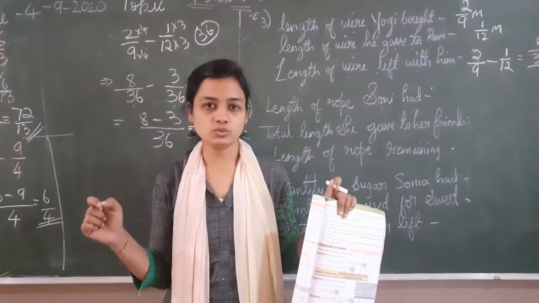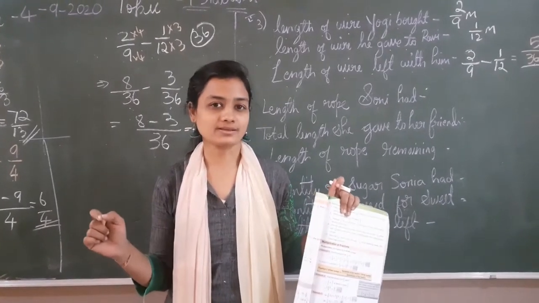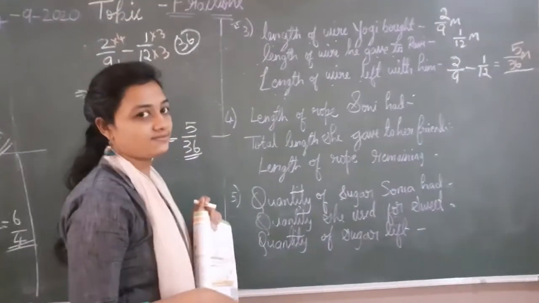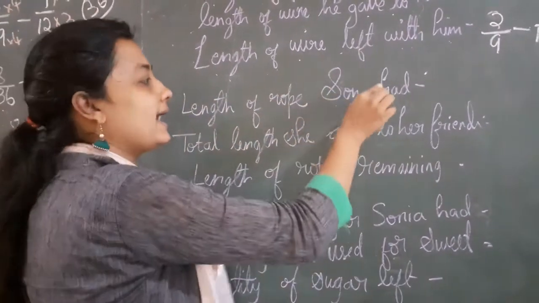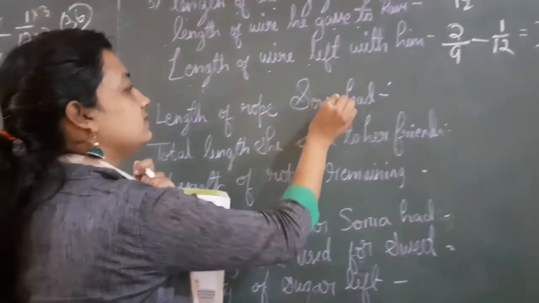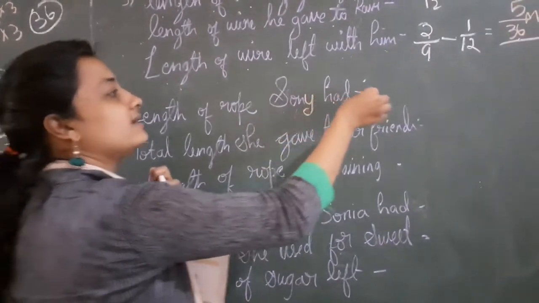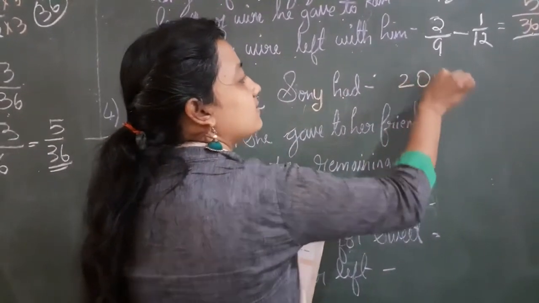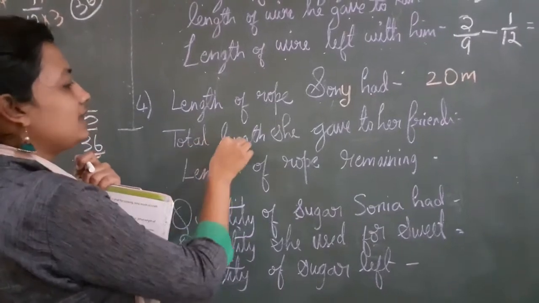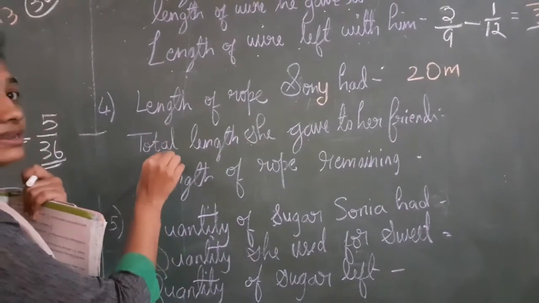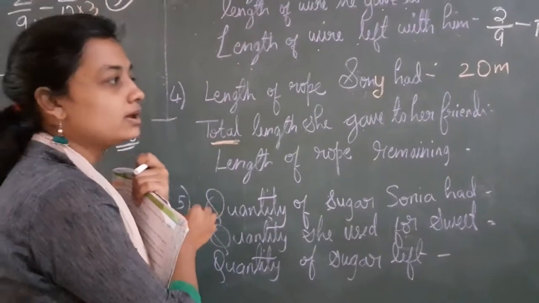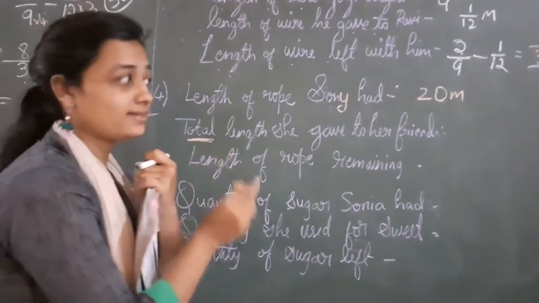So what should we do? We have to subtract. Okay, come to the statement first. Length of rope Sony had: Sony had 20 meters. Total length she gave to her friends. Why have I written total here? Because she gave 2 pieces, right?